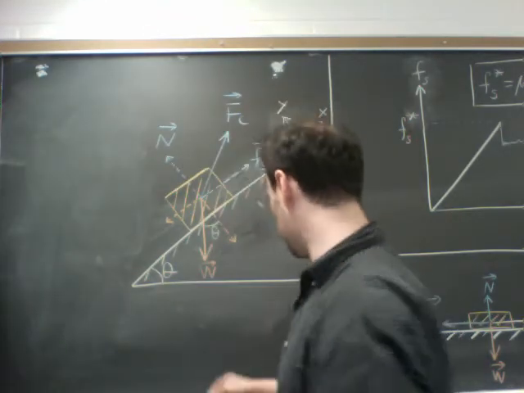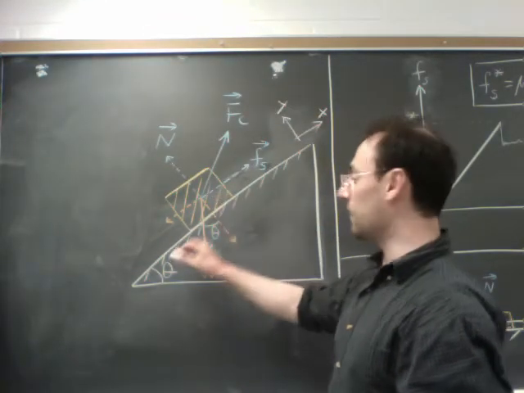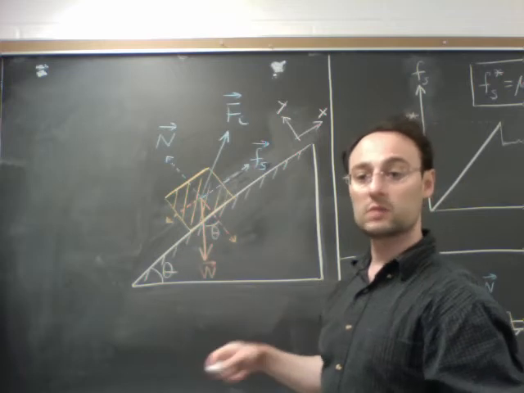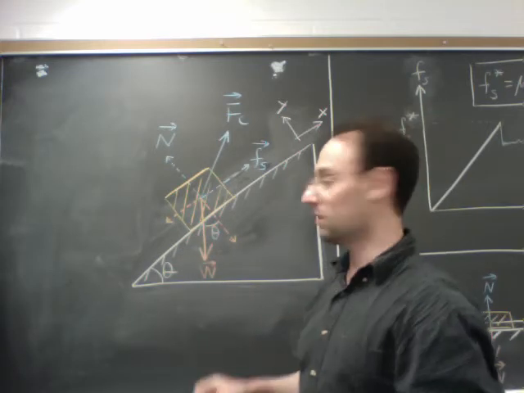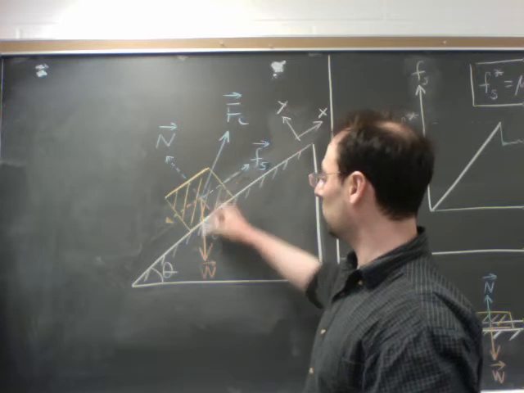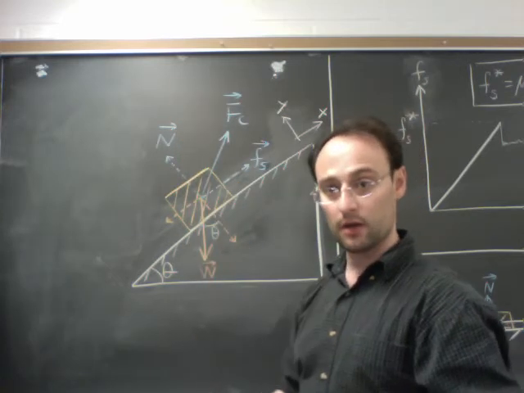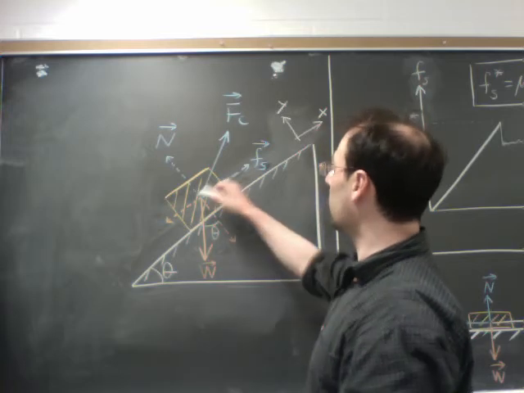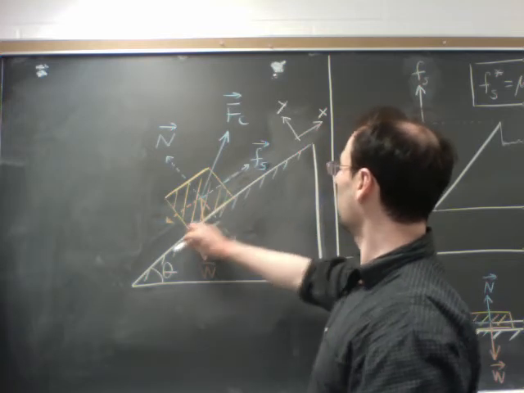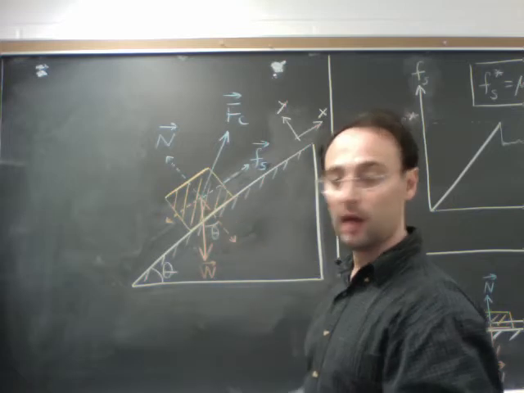So for instance, here is a block resting on an inclined plane. It's a classic example. And it experiences two forces. One is the weight, which is the gravitational force with which the Earth pulls on the block. And the other is the contact force with which the surface acts on this block.